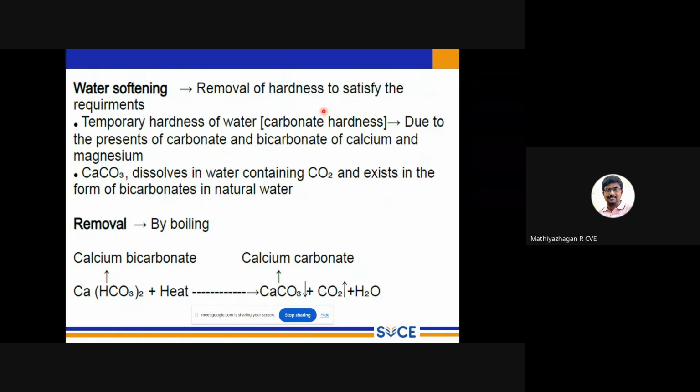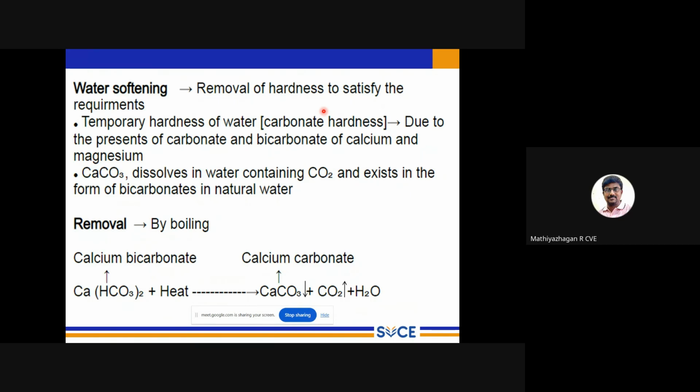We know that hardness is classified as temporary hardness, that is carbonate hardness, and permanent hardness, also called non-carbonate hardness. Carbonates and bicarbonates of calcium and magnesium impart the temporary hardness to the water. Temporary carbonate hardness can be removed using boiling alone.